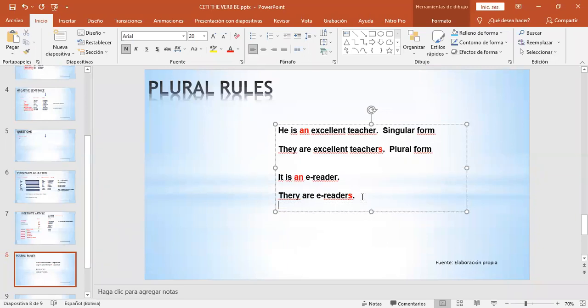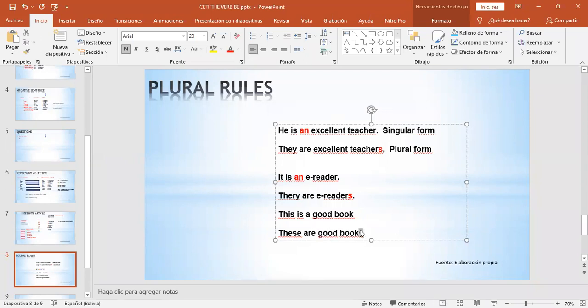Another example. This is what? A good book. This is a good book. These are good books.